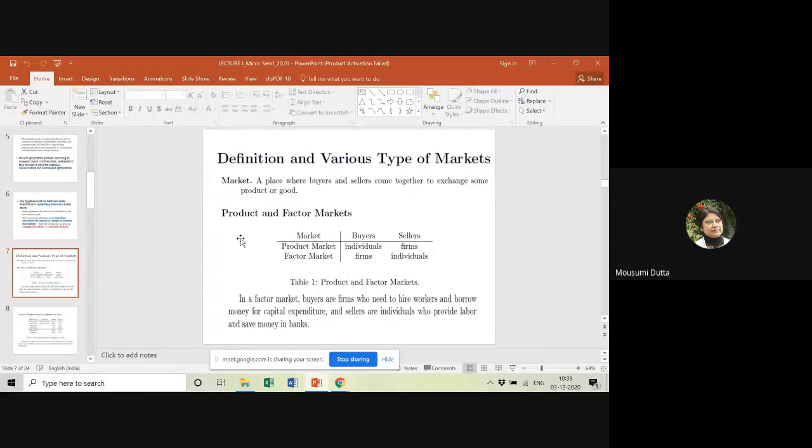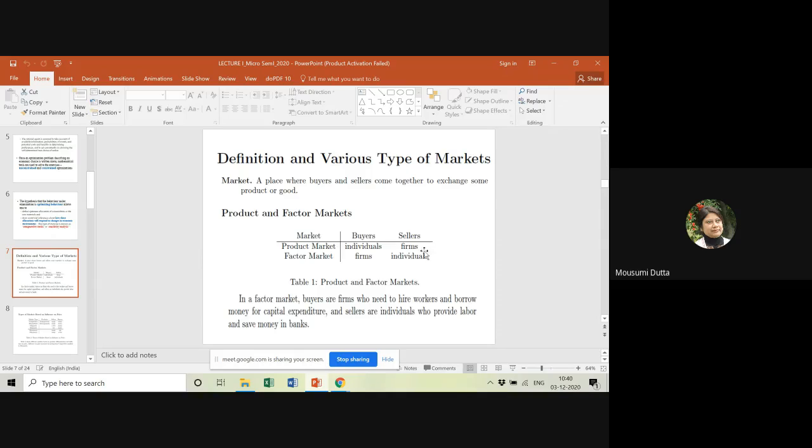Markets we can divide into two main categories: product or commodity markets, and factor markets or markets for raw materials. The two broad markets are the commodity or product market, which is the market for finished goods, and the market for raw materials, which we call the factor market. In the commodity or product market, buyers are individuals like you and me, and sellers are firms.